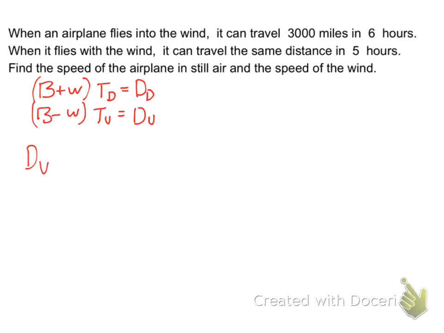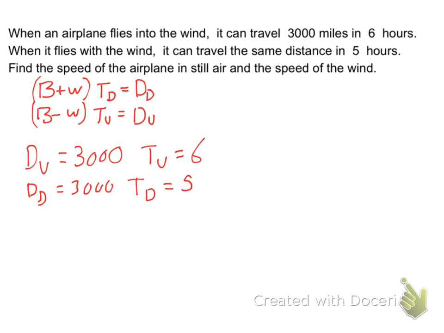So Du is equal to 3,000, and Tu is 6 hours. That's what it says. But wait a minute. If I go with the wind, it's the same distance. So Td is 3,000, and Td is 5. That's all we know, right?